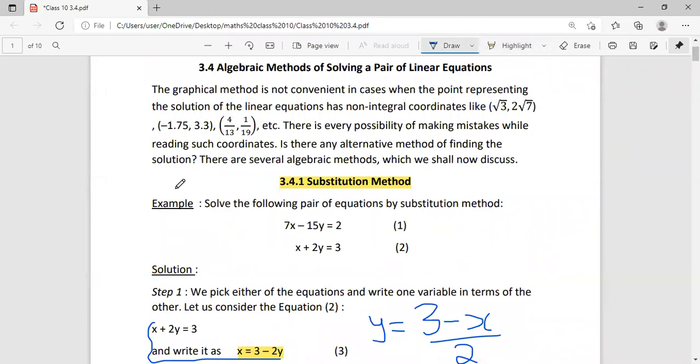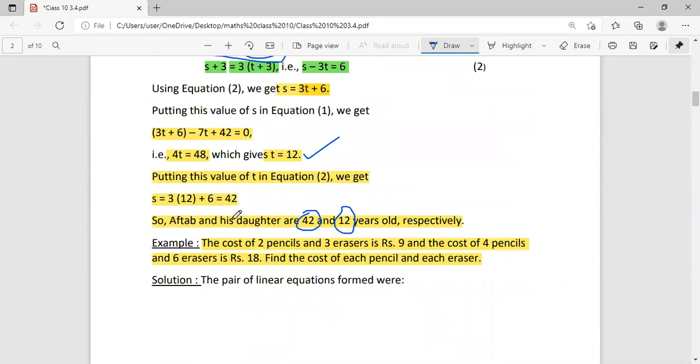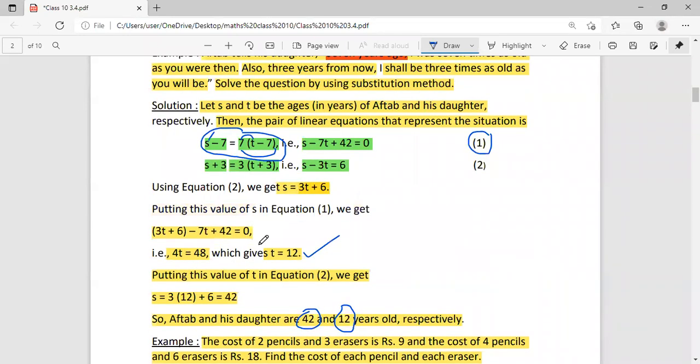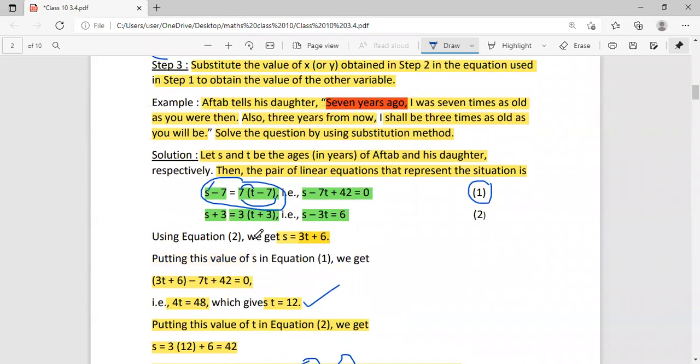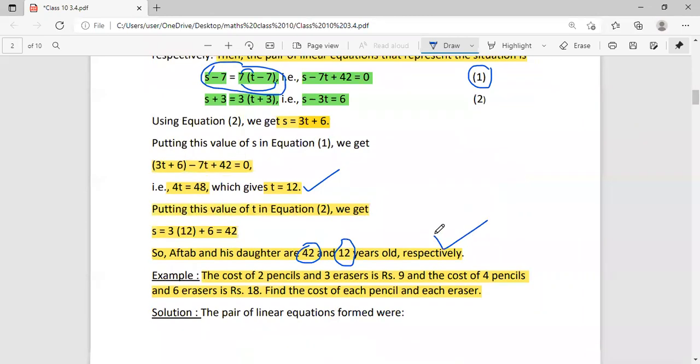See, in the first case, we isolated x and found the value of x and y. In the second case, we used the substitution method, and using it we also found the value.